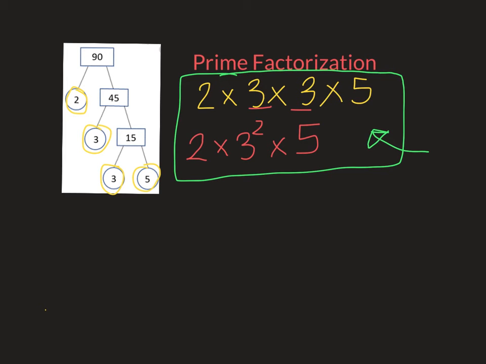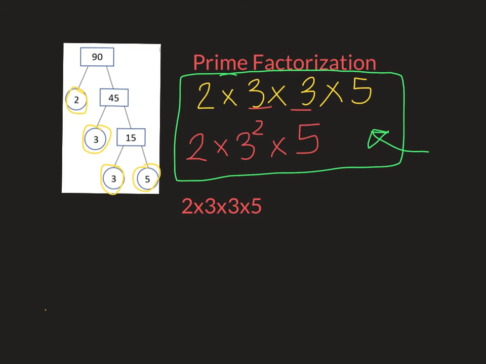Now, I know that the pen tool is really difficult to use on Class Kick. So if it makes you feel better, you are more than welcome to type it out. So you could do 2 times 3 times 3 times 5. Okay.